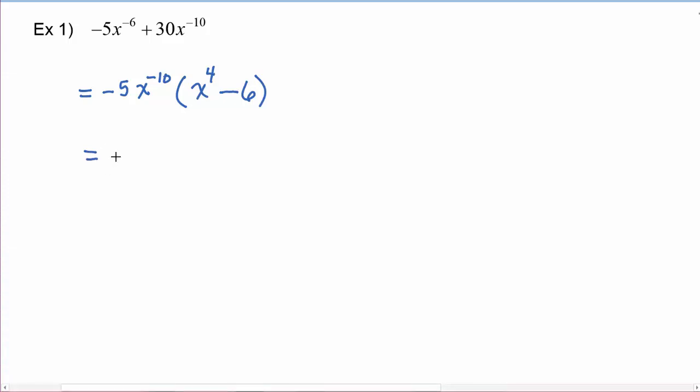So we'll need to move that x to the negative 10th into the denominator to make it x to the positive 10th. The negative 5 stays in the numerator, and the x to the fourth minus 6 also stays in the numerator. And there's our final answer.